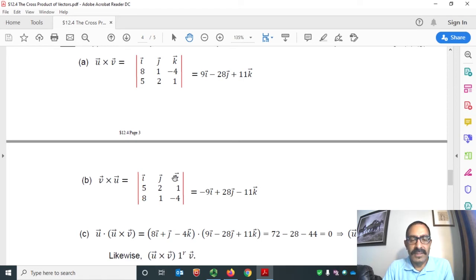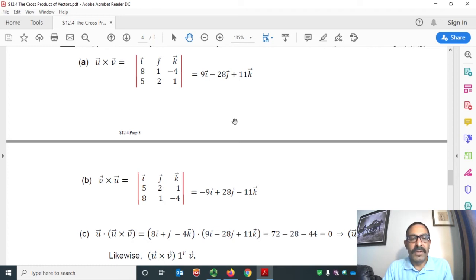Similarly, plus k, then cross out the last column and the first row. Then we have the determinant 5, 2, 8, 1. Multiply diagonally and subtract the other diagonal multiplication. So 5 times 1 is 5, minus 8 times 2 is minus 16. So 5 minus 16 is -11.